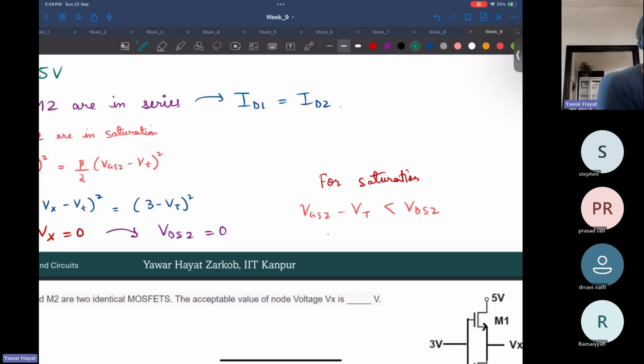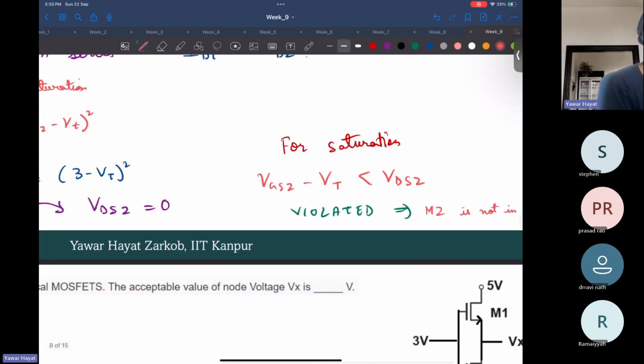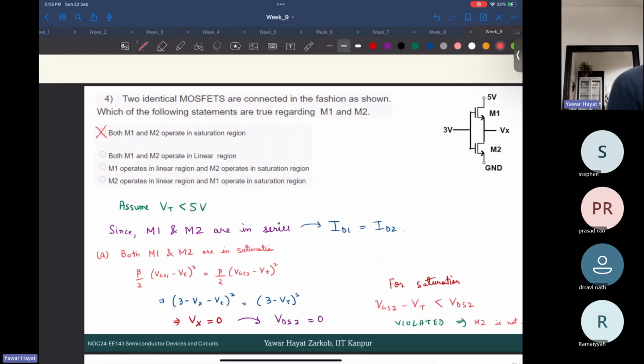But this is violated, which implies, in other words, M2 is not in saturation. That's it. So in other words, this is the incorrect option. So we'll proceed one by one.